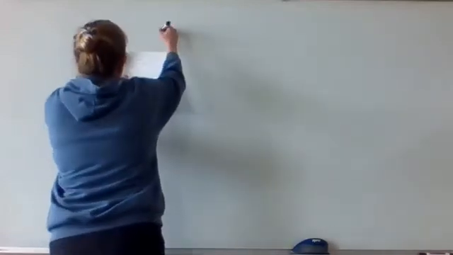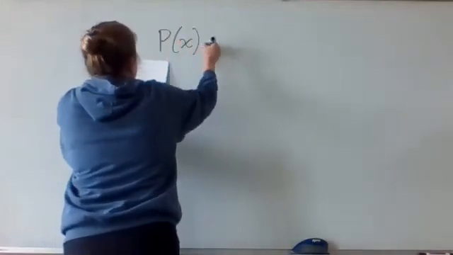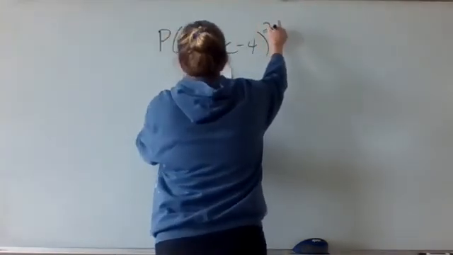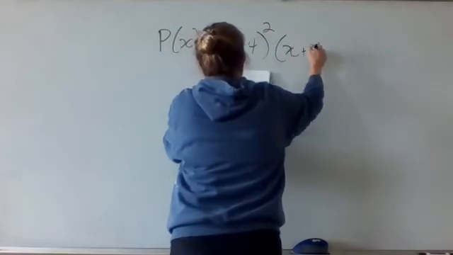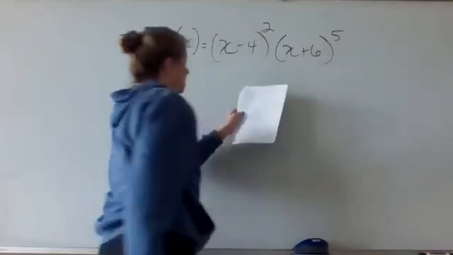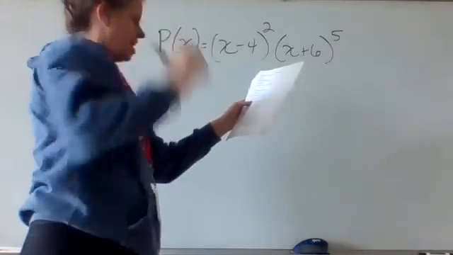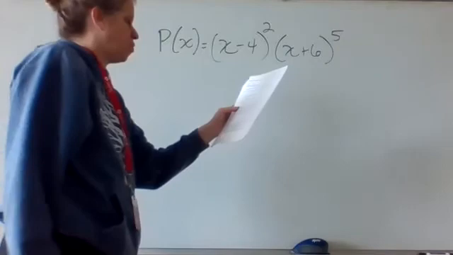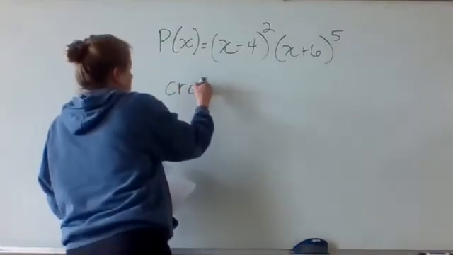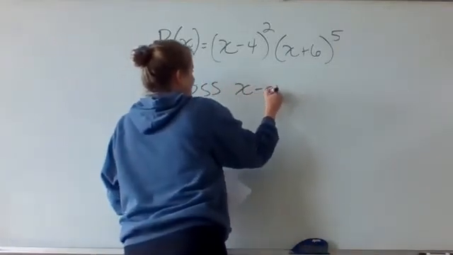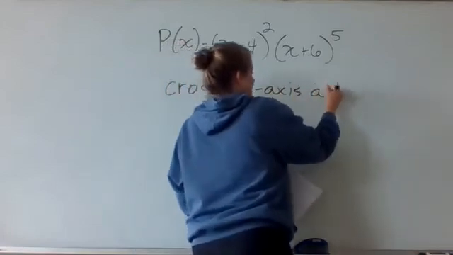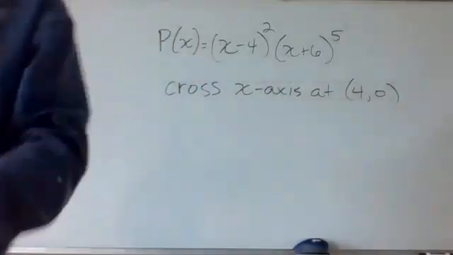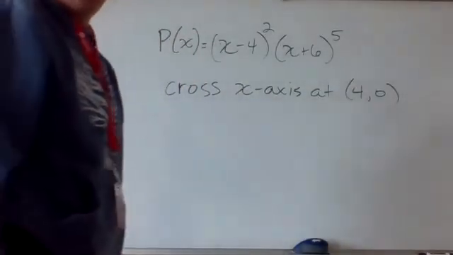So number 11, the function is p of x equals x minus 4 squared, x plus 6 to the 5th, and it says crosses the x-axis, which means it has an x-intercept at 4, 0. So we want to know if this is true or false.